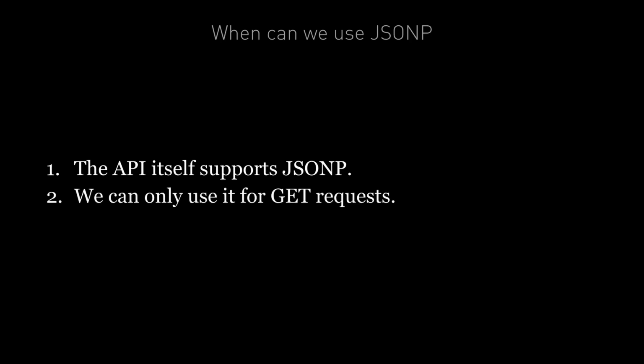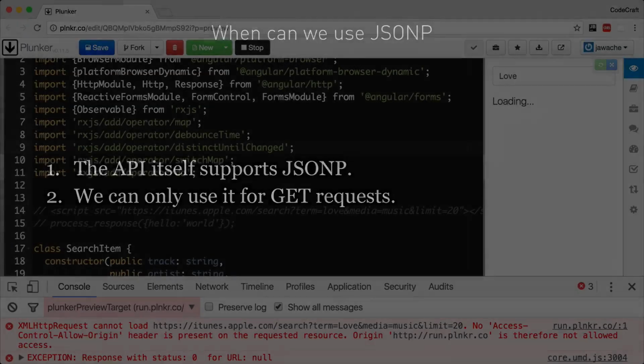But we can only use JSONP when the API itself supports JSONP. It needs to return the JSON response wrapped in a function, and it usually lets us pass in the function name we want as one of the query parameters. Also, we can only use it for GET requests. It doesn't work for PUT, POST, or DELETE requests.